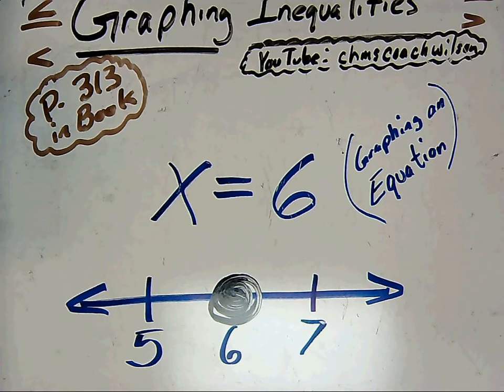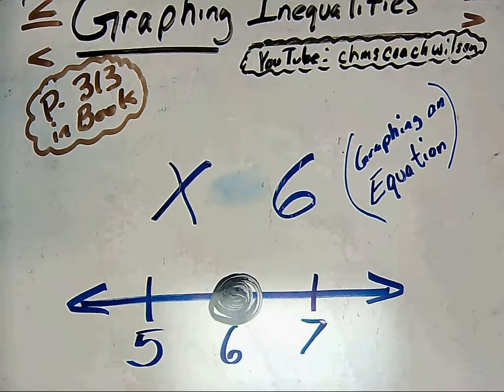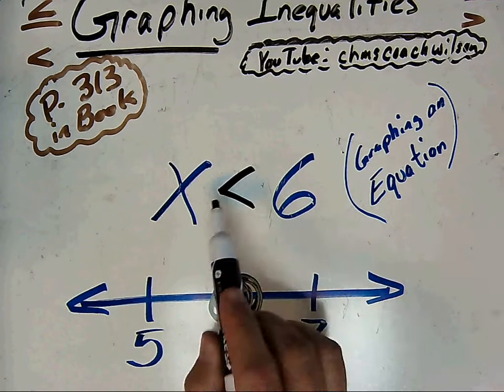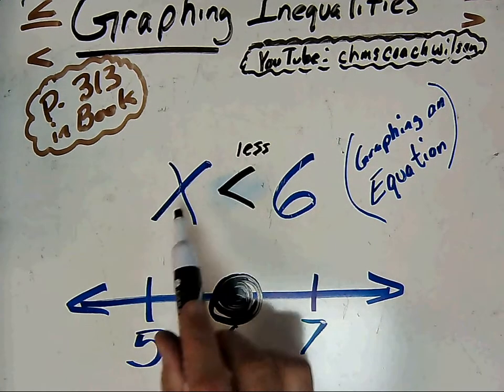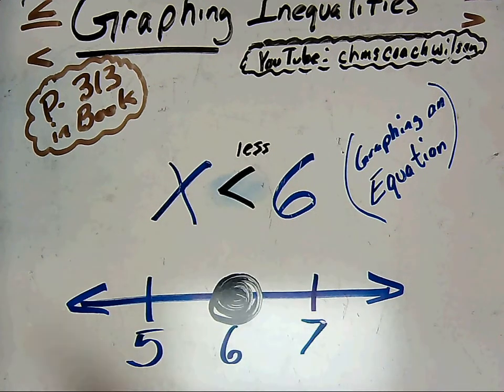Now, with inequalities, what you're saying is, okay, x could be a bunch of stuff. If we have something like this, that is the less than symbol, and that means x can be all the infinity of numbers less than 6. So 5, 4, 3, 2, 1, 0, negative 1, negative 2, forever and ever.